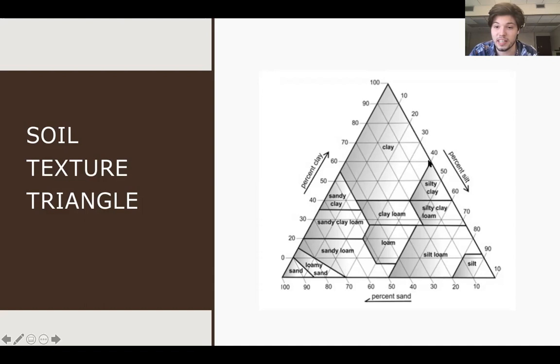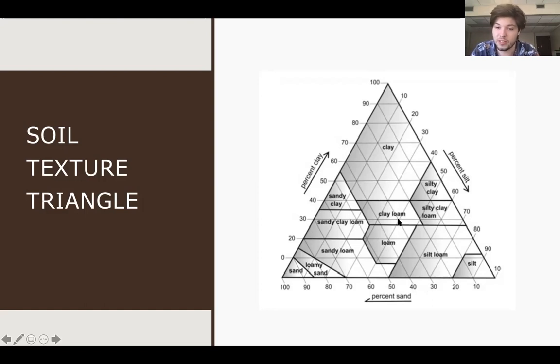Then they're going to intersect here, and it's going to be on the crossroads of clay and silty clay. But if I test that soil and it's 30% clay, then I can follow the 40% down to the 30% here, and I'll see that where that intersects is clay loam. And I would also have known that it was 30% sand.